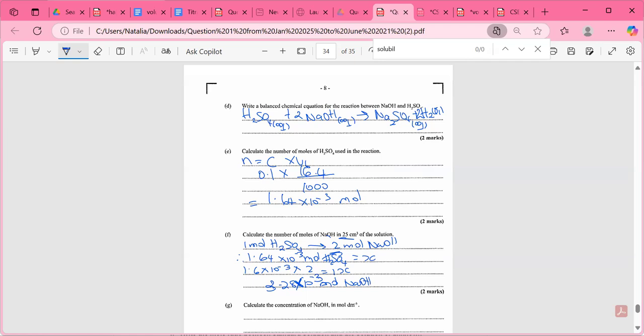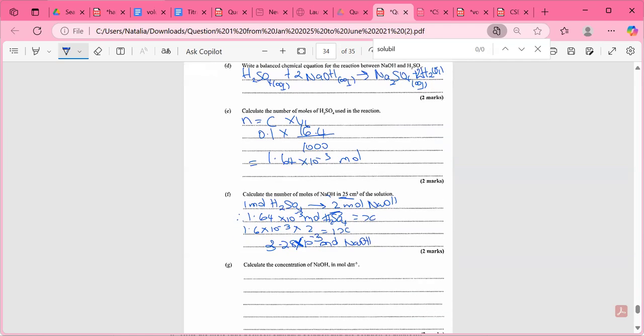Now they want us to find the concentration. Concentration is equal to number of moles divided by volume, and volume must be in dm cubed. So it is 3.28 times 10 to the negative 3, divided by the volume we're using, the 25, 25 over 1000.